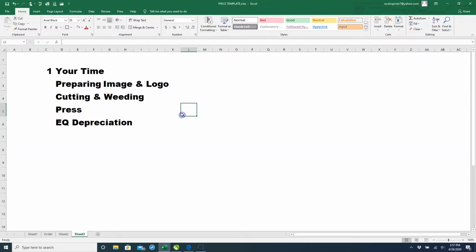And then finally, the press. Okay, now you just don't grab your image after you cut it and then you just press it. There's a process involved in this. You've got to cut out your carrier sheet after you printed it, and then you've got to make sure that you line it up onto the t-shirt correctly.